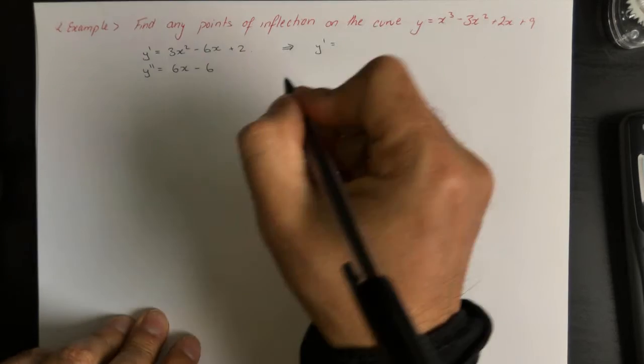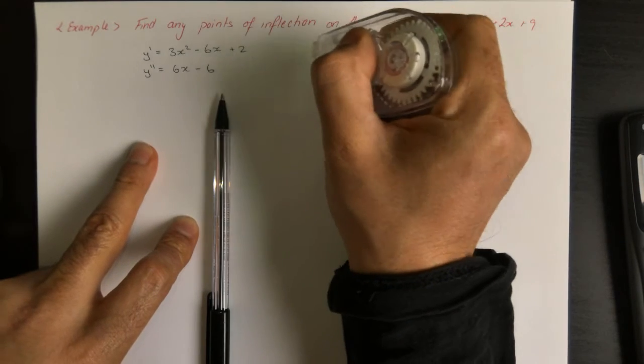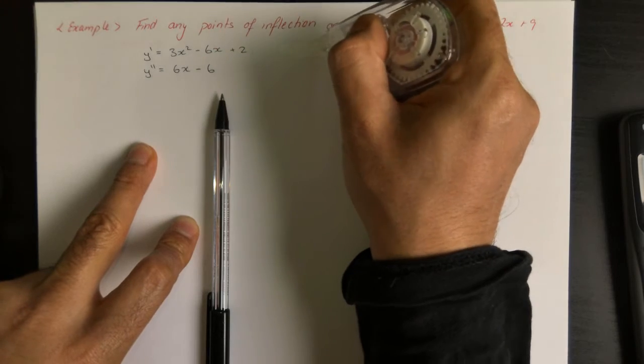I will factorize this part because the question is asking us to find any points of inflection.